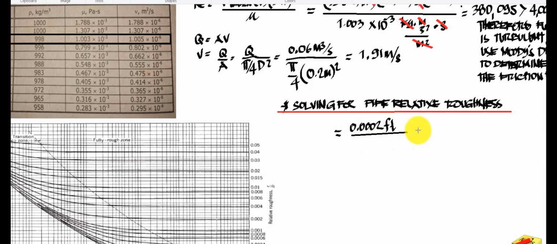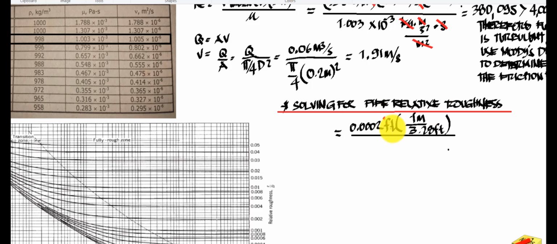Now we're going to convert that, since our diameter is in metric units. We have the conversion: 1 meter is equivalent to 3.28 feet.